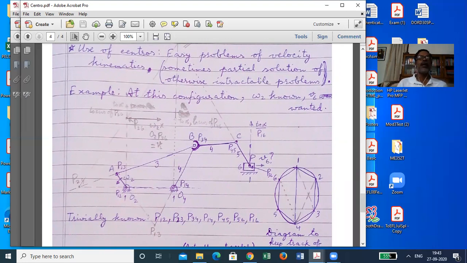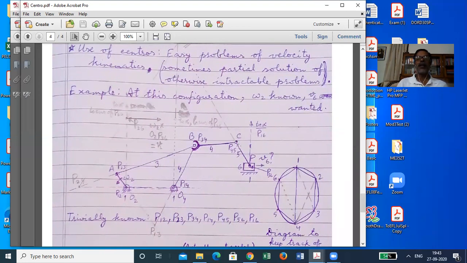So here we will discuss the example for this problem. This is a 6-link problem. Frame, then input link, coupler link, follower link. Follower link has an extension. That is why this is link 4. These are also part of the same link.